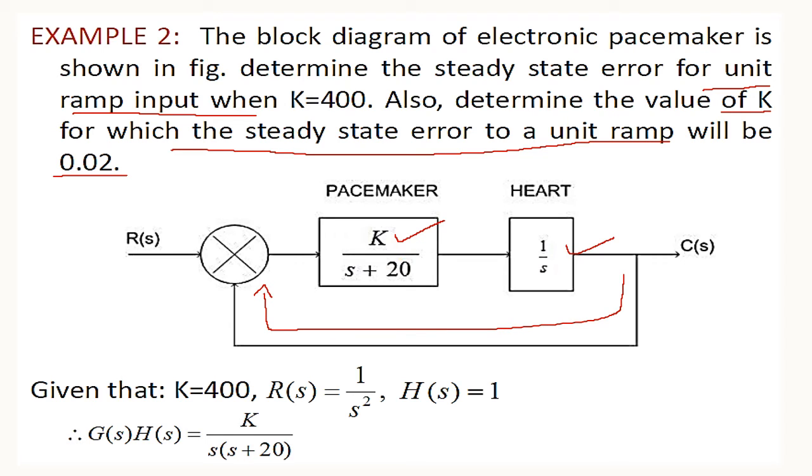Given that the value of K is 400, since it's a unit ramp, R of s is 1 by s square. Feedback is H of s. So G of s into H of s is nothing but K divided by s into s plus 20. Why? Because both of these blocks are in series, so we can take the product.